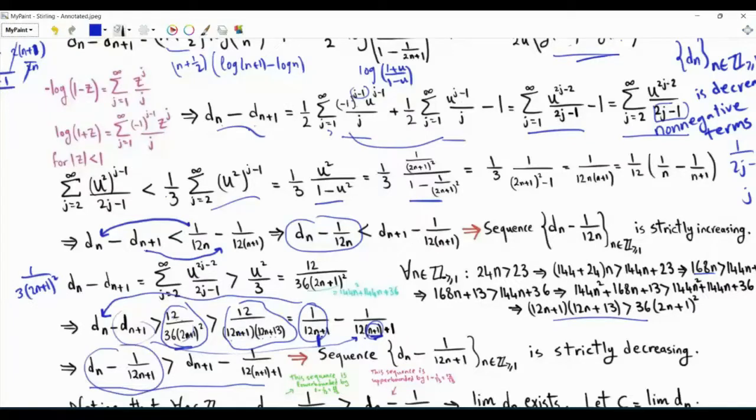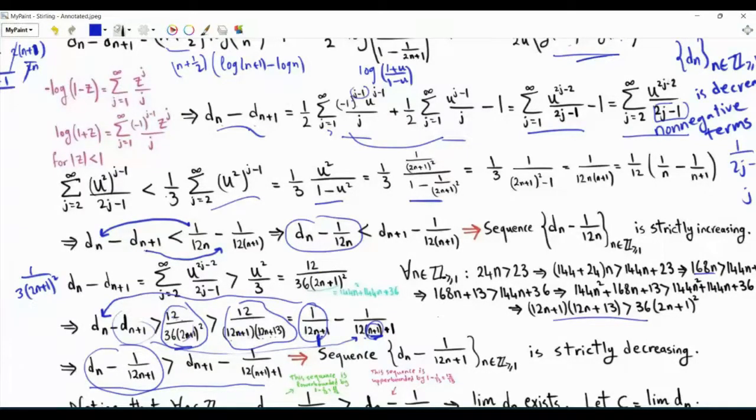We can think of this as a sequence indexed by n. If we go from n to n plus 1, the sequence will go down. So the sequence dn minus 1 over (12n plus 1) is a strictly decreasing sequence.